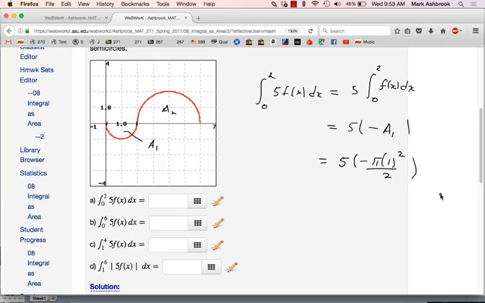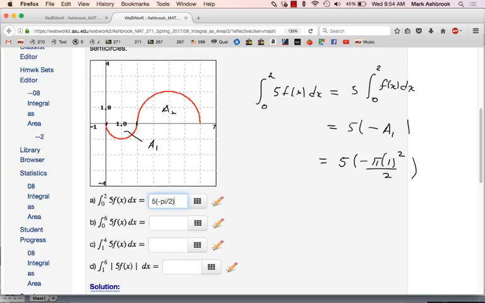Because the function has negative values there, the net area will be negative, and it'll be half of the area of that circle. So negative pi times 1 squared all over 2. Any questions on that? So 5 times negative pi, 1 squared is 1, divide by 2. Just simplify it that way.